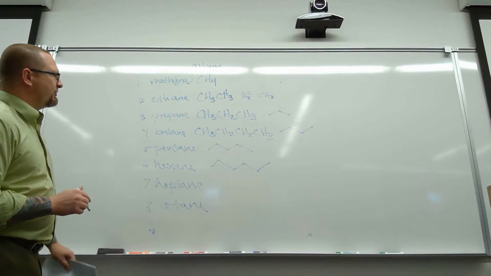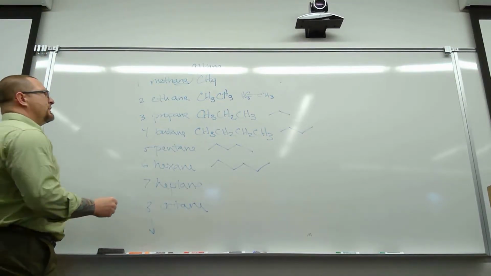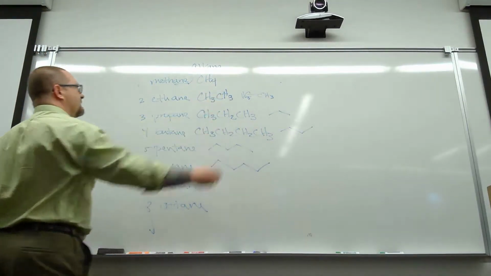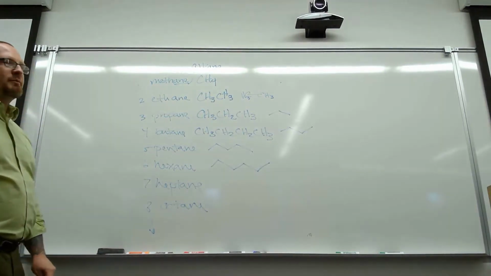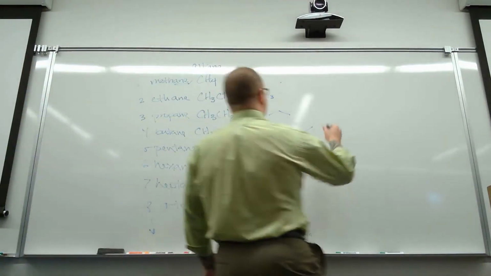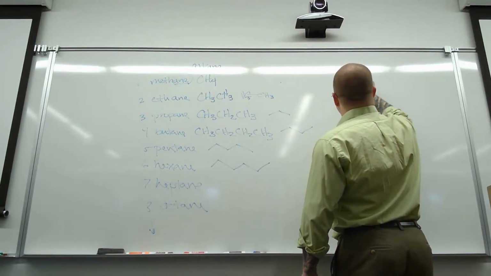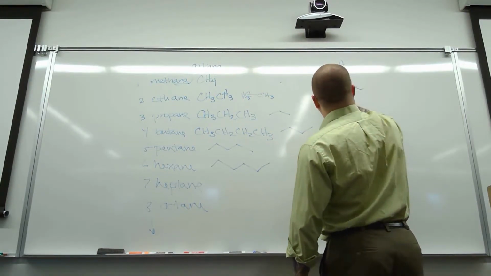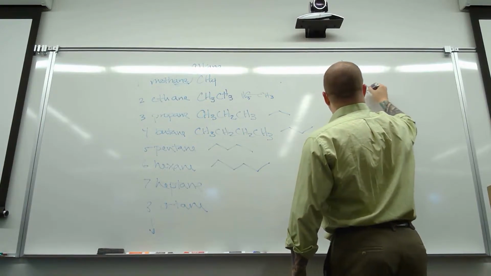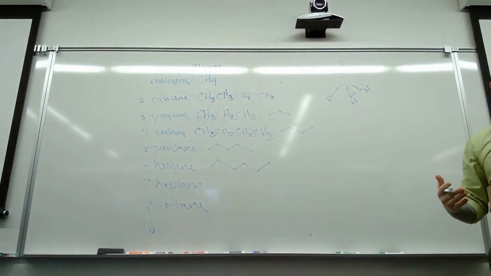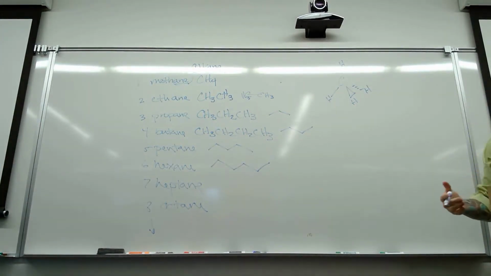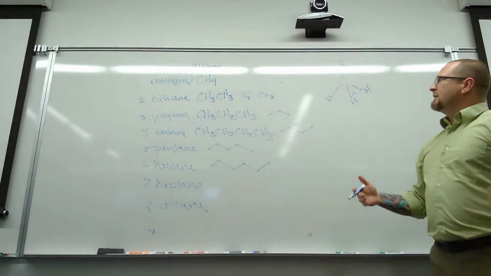In terms of structures, there's only one way we can draw methane. Methane is going to look like this, because there's only one carbon and we have 4 identical atoms attached to that carbon.